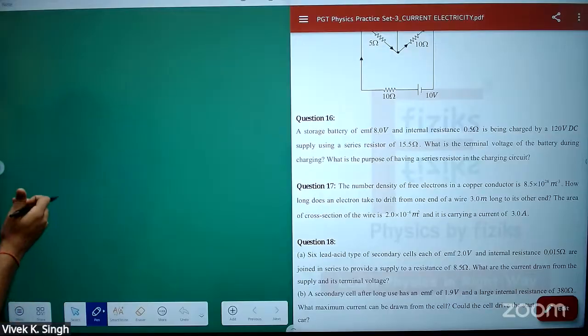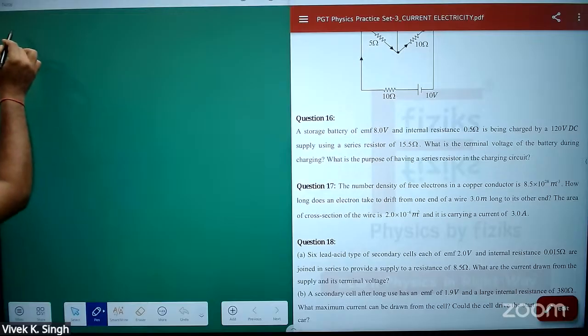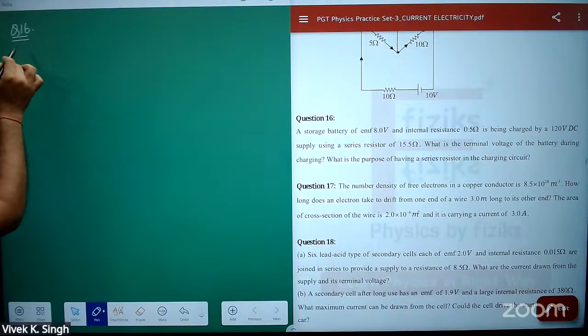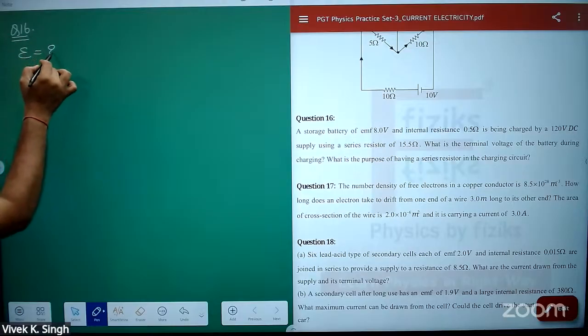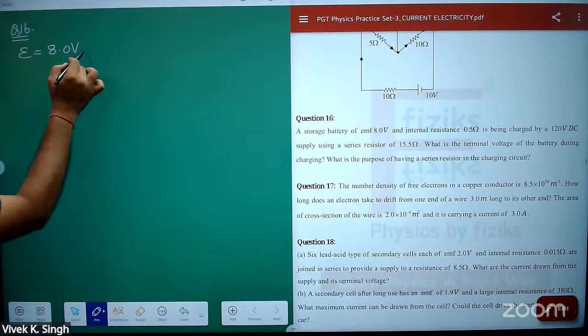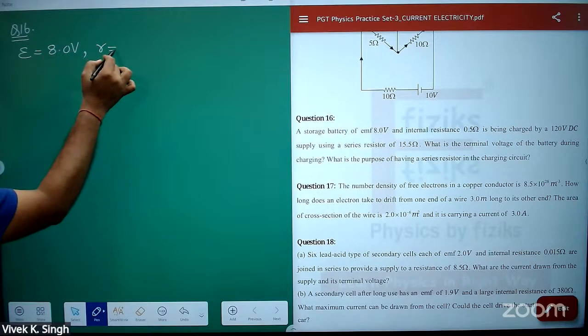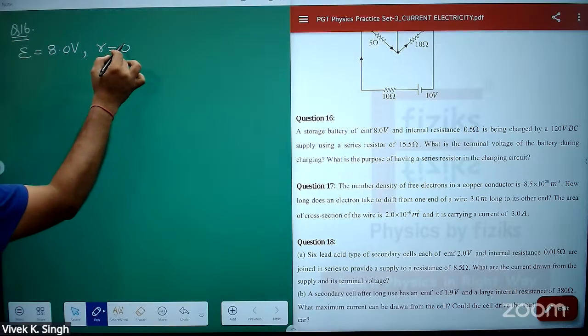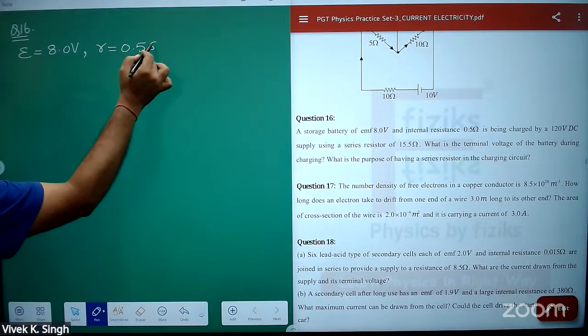So EMF is given. EMF is 8.0 volt. Internal resistance is 0.5 ohms.